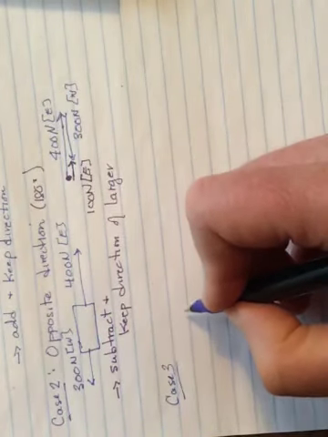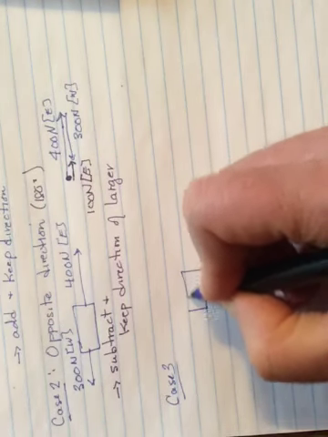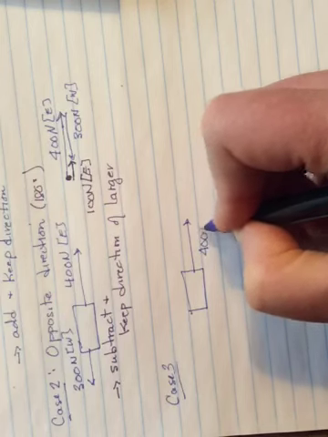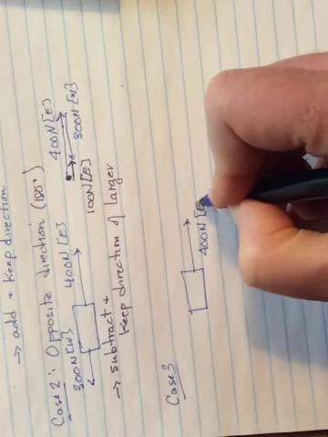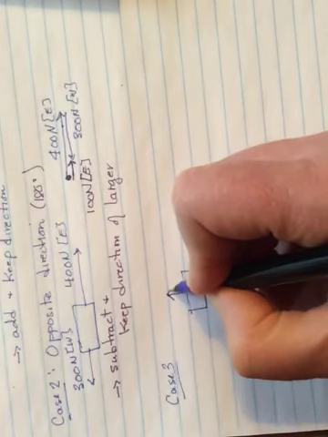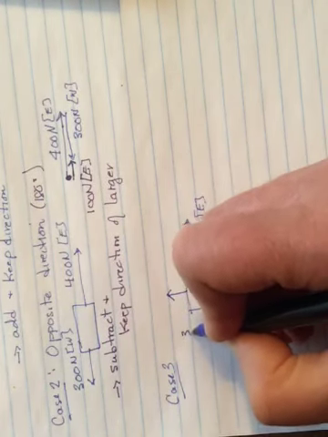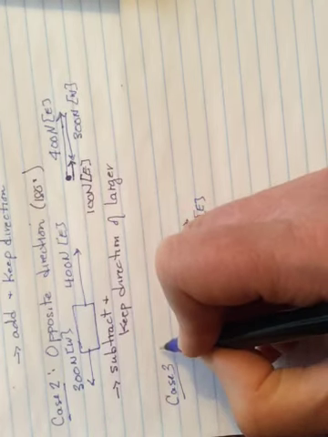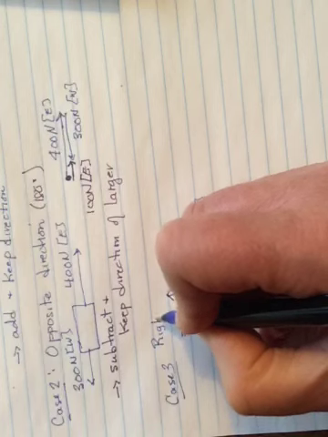Case 3 is, here's my box. Here's my 400 newtons going east. And this time, my 300 newtons is going north. So this time, they're acting at right angles to each other.